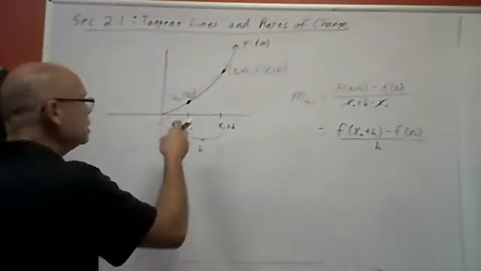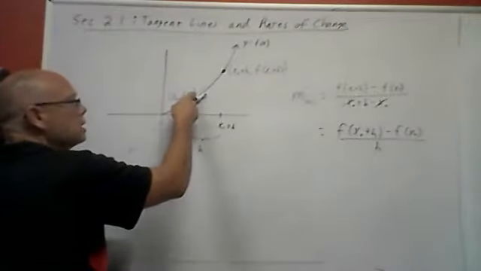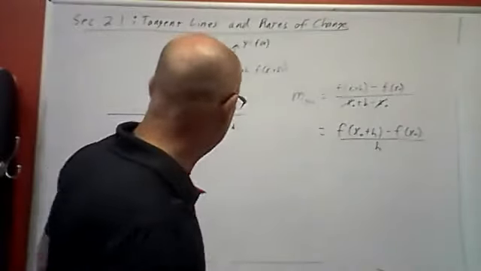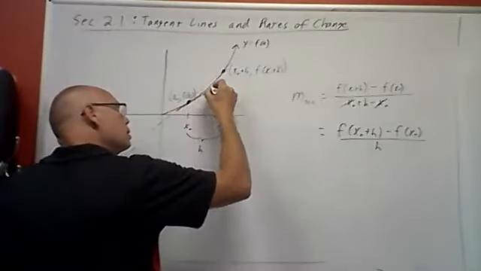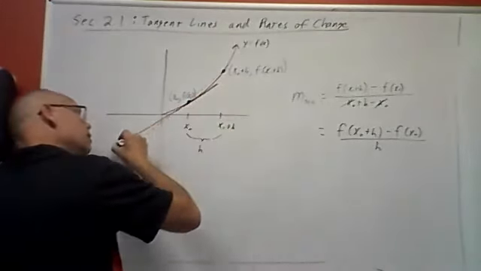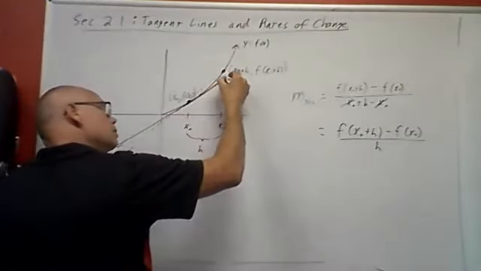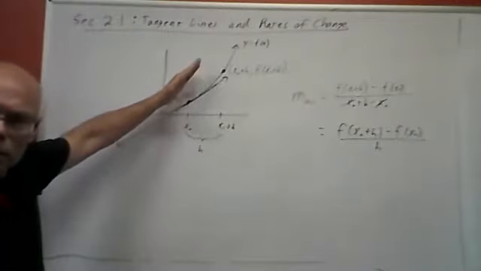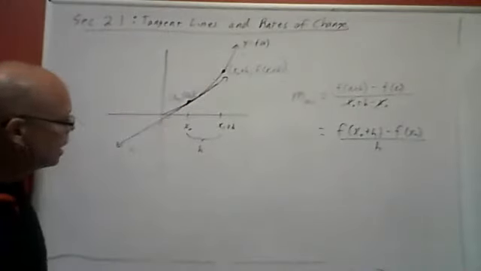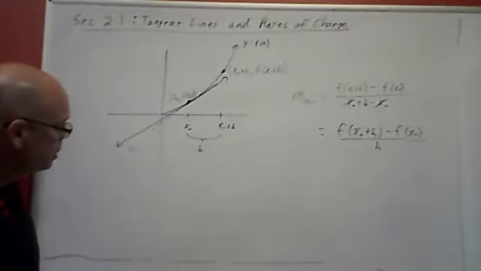What if I wanted the slope of this tangent line right here? Now think of your tangent line at this point right here. It looks something like that, right? So the slope of your tangent line is going to be different by a little bit from the slope of your secant line, like we talked about before in chapter 1.